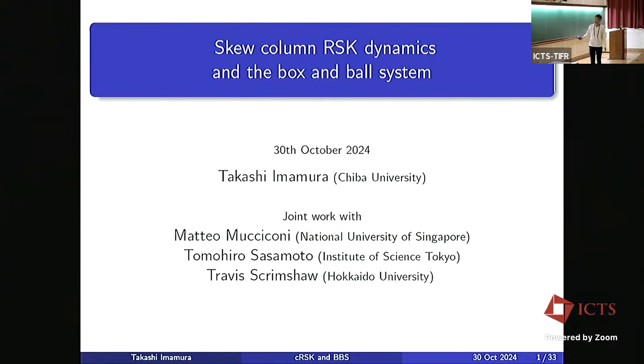This is a joint work with Matteo Mucciconi from National University of Singapore and Tomohiro Satsumoto from Institute of Science Tokyo. Travis Scrimshaw also joined our project.